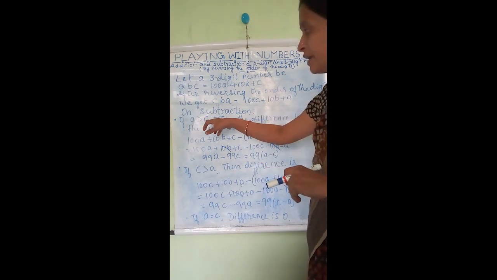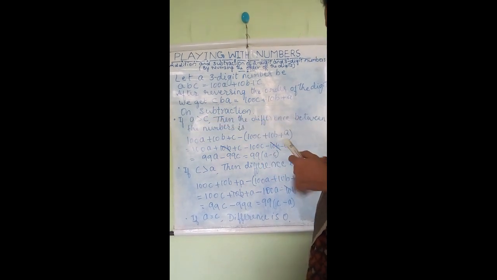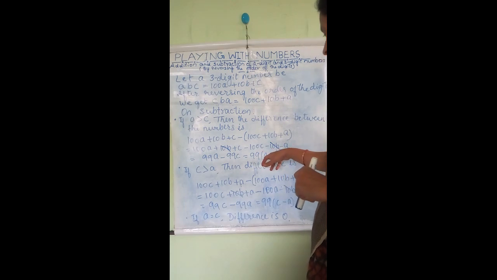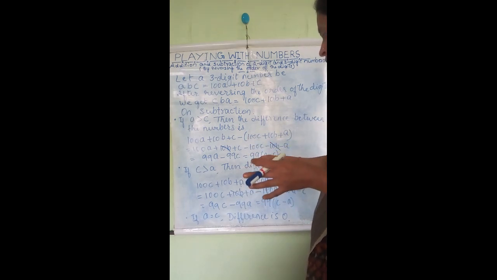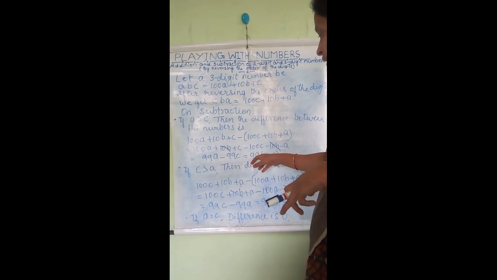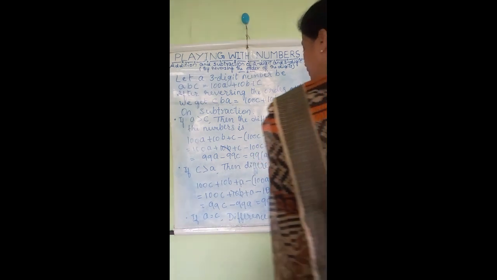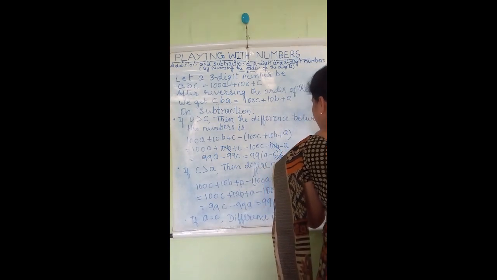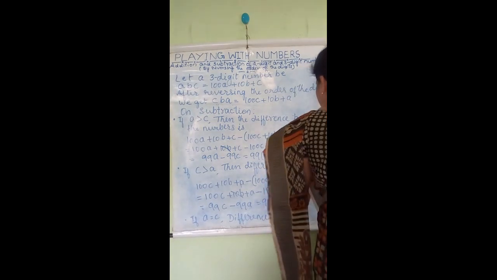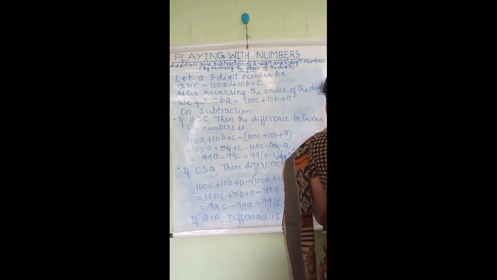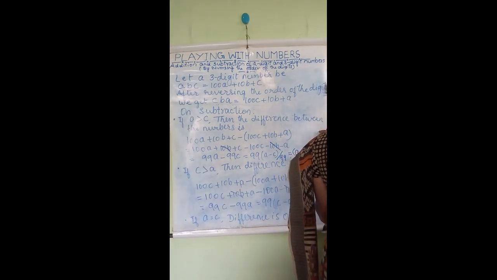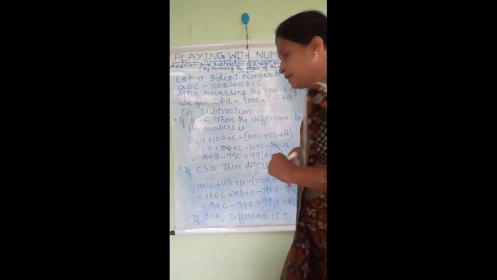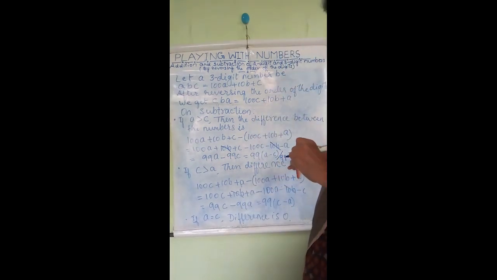If A is greater than C, then the difference you will get is 99 into (A minus C). If you divide this by 99, you will get A minus C, which is your quotient.